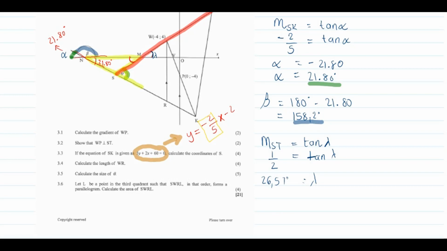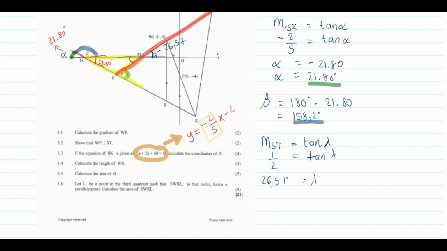So we already now know that the angle created by our line ST and our x-axis, the angle lambda there, is equal to 26.57. And what do you see about our angle lambda and the angle M that we're trying to calculate in the triangle SNM? They are vertically opposite, right?